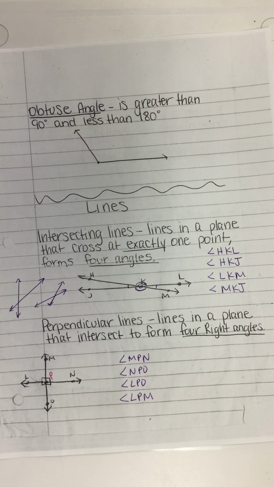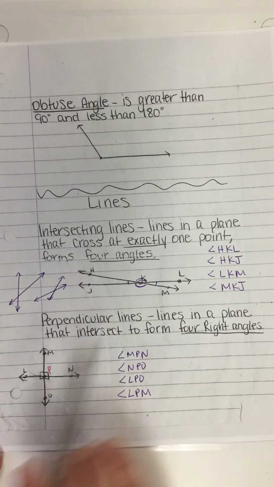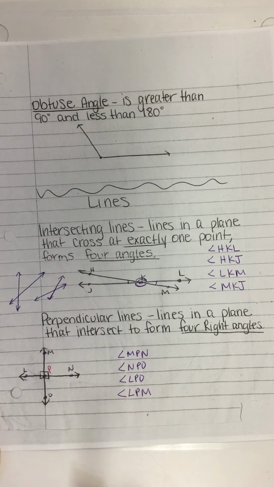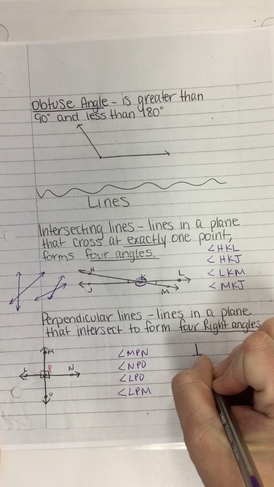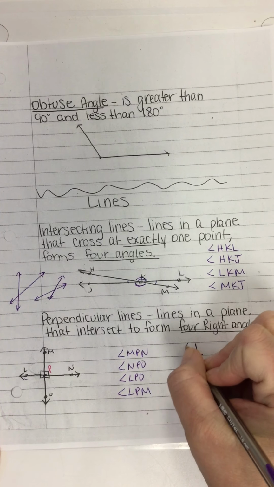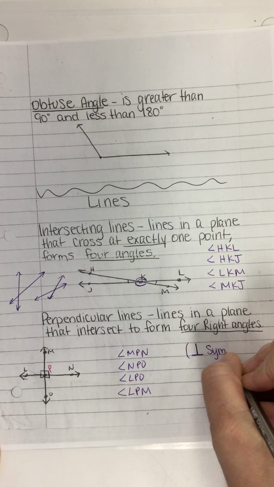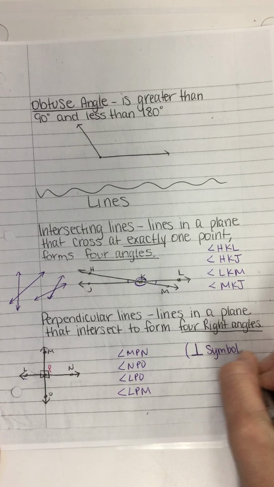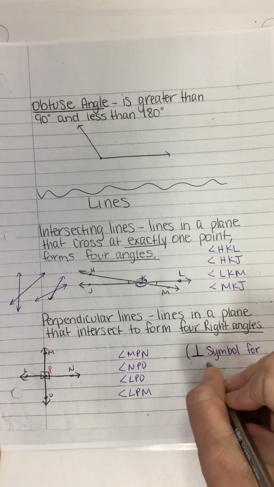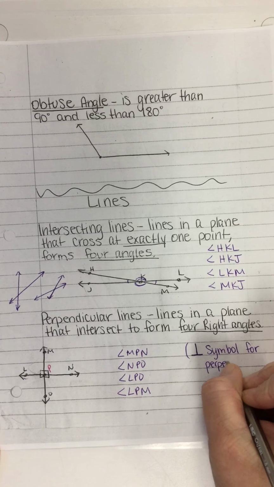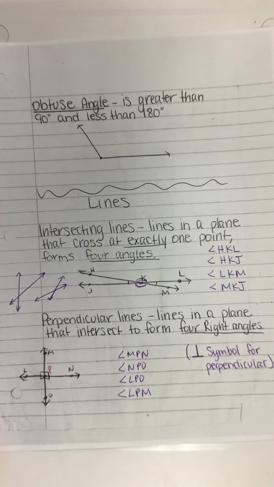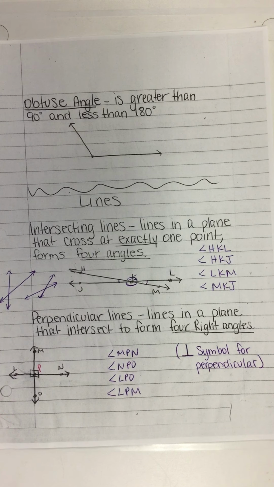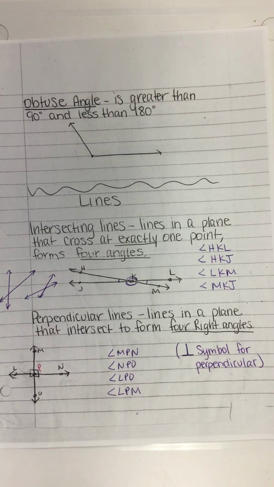Okay, so intersecting crosses at any spot, perpendicular is always an X. And you'll usually see a symbol for perpendicular. It looks like this. Okay, the upside down T is the symbol for perpendicular because it means it's coming at a straight 90-degree angle.